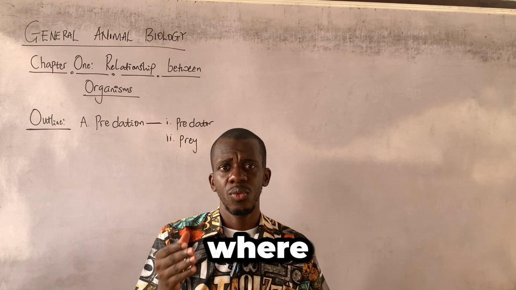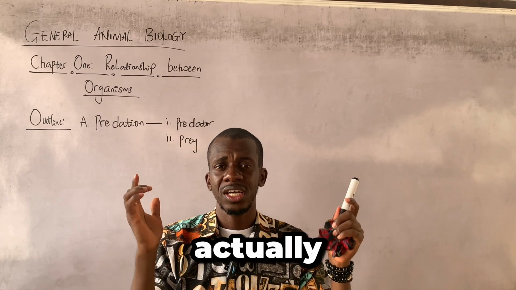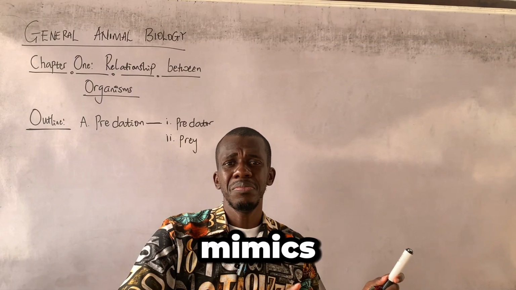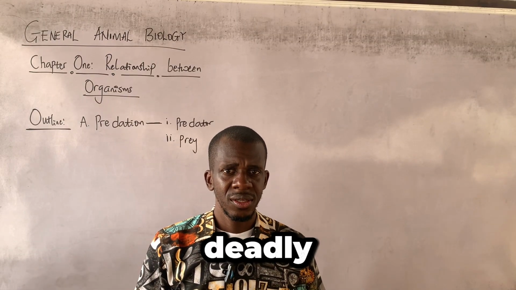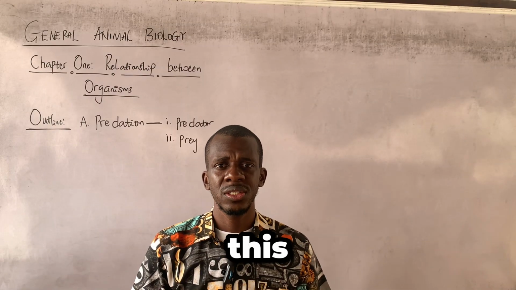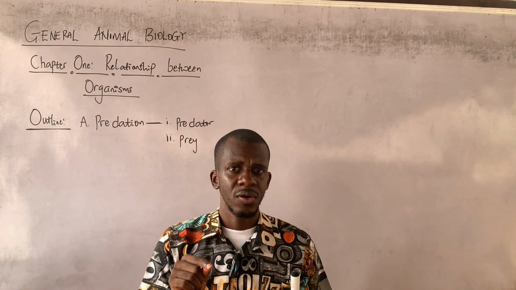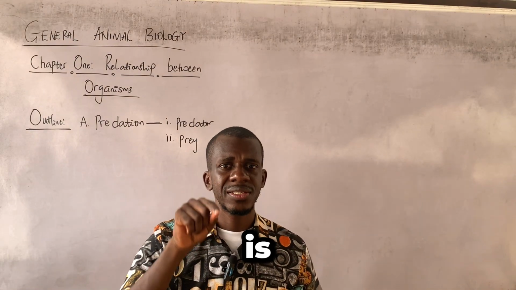Yes, where one that is not deadly, okay, but is actually a prey to certain kinds of predators, mimics another species that is actually deadly. Yes. So when they do this, when the predator sees that prey, all right, it knows that this particular species is deadly.